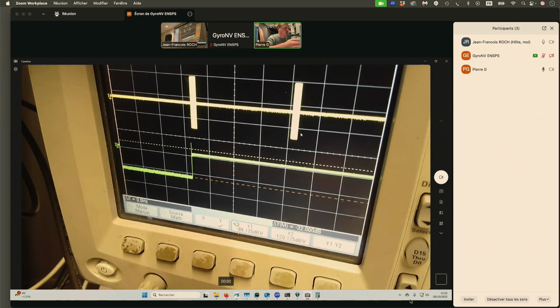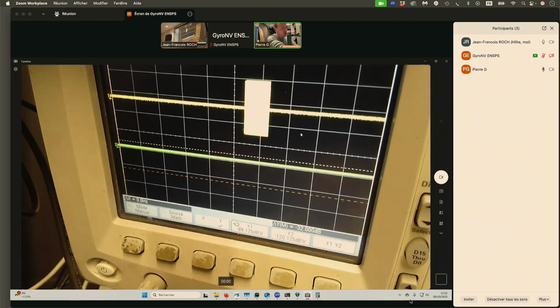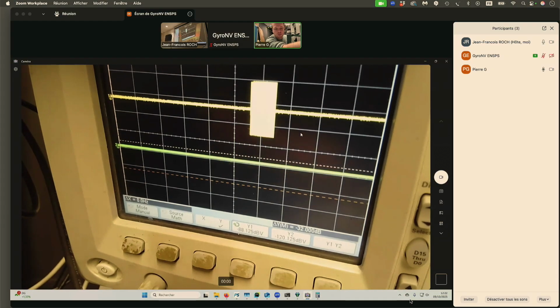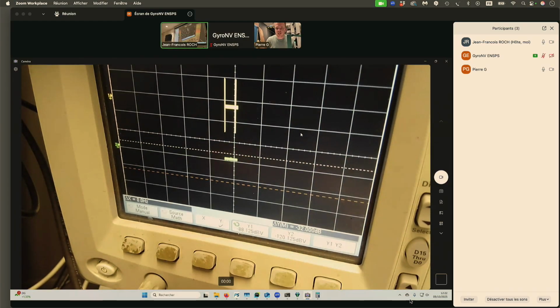You need the width between two measurement points, the delay between this point and the next, and the sampling rate.